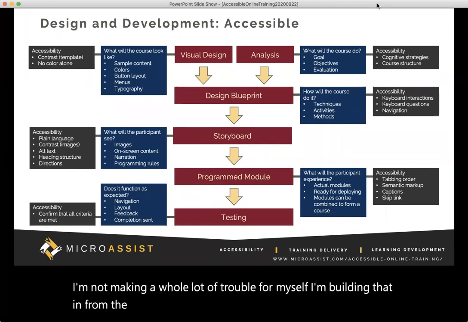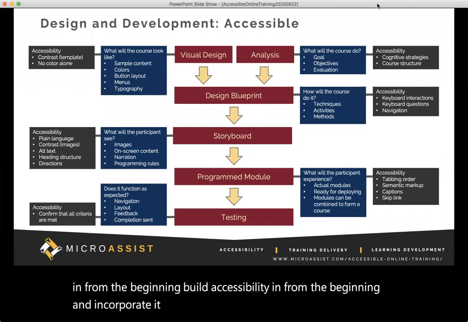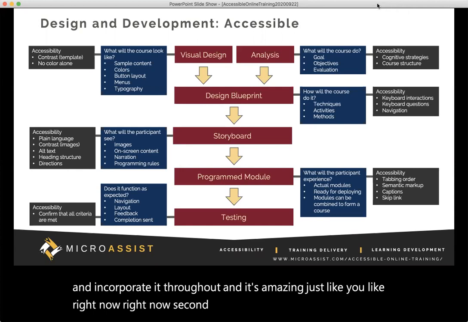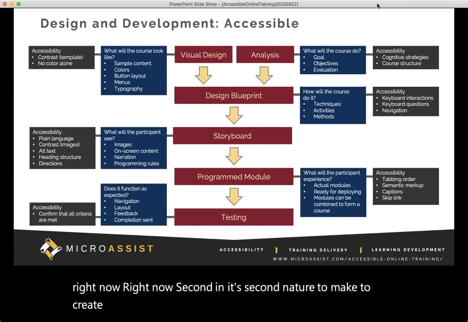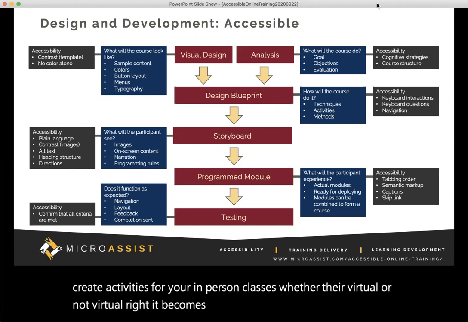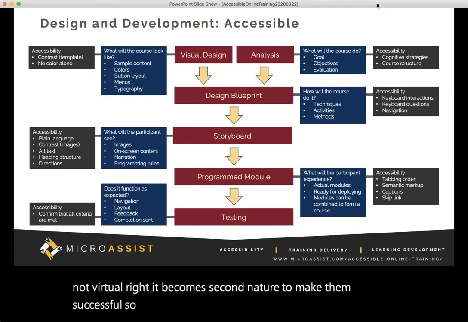Build accessibility in from the beginning and incorporate it throughout. And it's amazing, it becomes second nature to create activities for your in-person classes, whether they're virtual or not virtual, right? It becomes second nature to make things accessible so that they're available to all your learners.